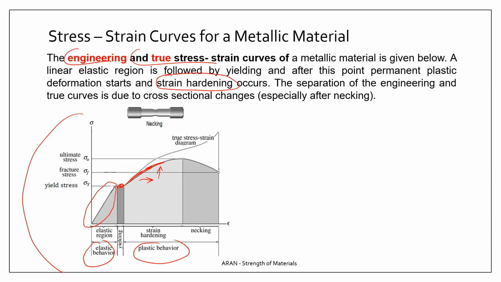And as you see, the separation of the two curves is due to the cross-sectional changes, especially when you have local necking at this point, while this separation becomes bigger and bigger.